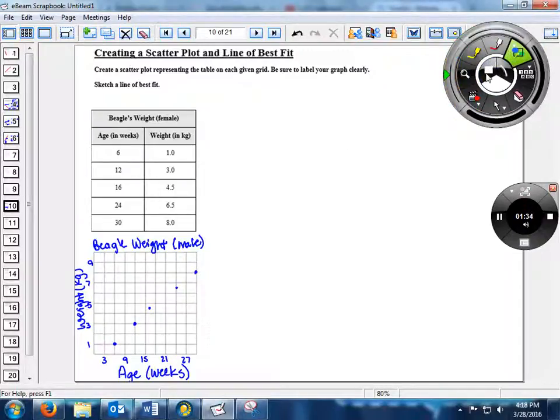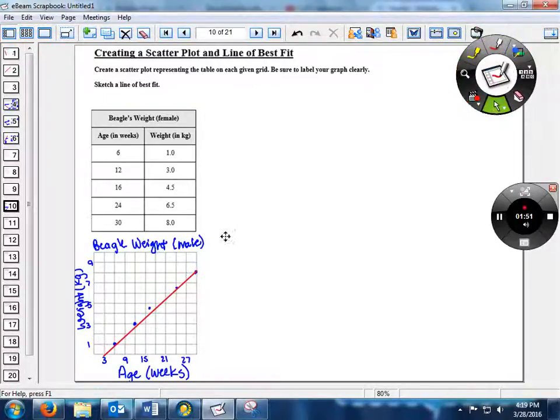Now I need to draw my line of best fit. In this graph, I can't actually see my y-axis or my y-intercept, so I'm just going to have to approximate where it's going to be. Let's see if I can draw a line of best fit through these 2 points here. That's pretty good.